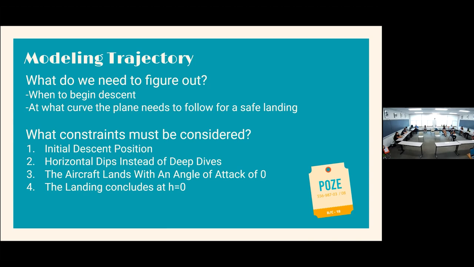And then our third point here, the aircraft lands with an angle of attack of 0, just means that the plane will be parallel with the runway. And the landing concludes at h equals 0, so when the height of the plane is 0 and it's hit the ground.